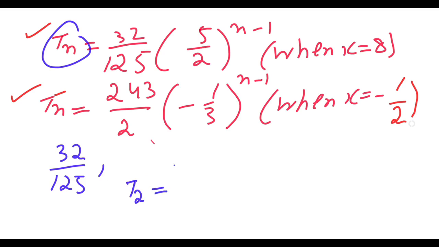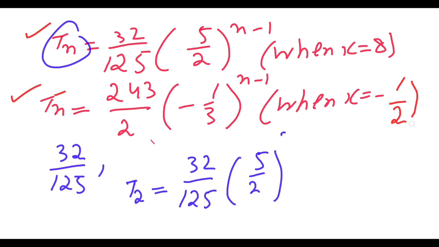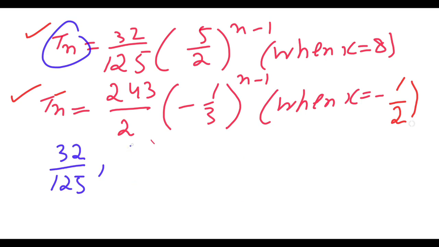T2, in place of n, you're gonna substitute 2. 32 over 125, 5 over 2, and n we got 2 minus 1. So I use my calculator. The answer is 16 over 25. Because you're looking at the sequence, you just can find the first three terms.